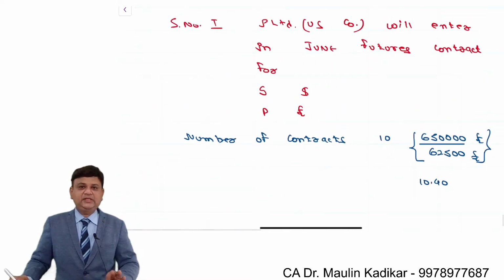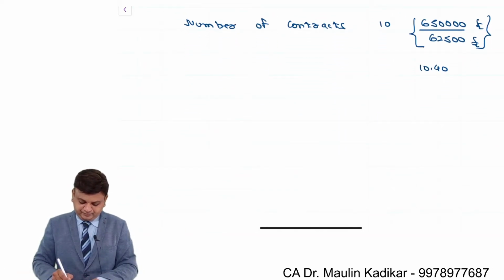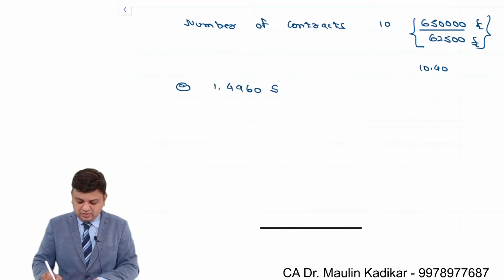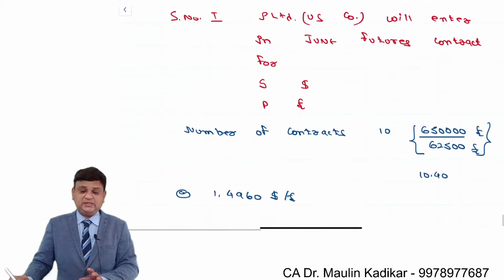So this company, that is a US company, will enter into the June futures contract for sell of dollar and purchase of pound. Number of contracts are 10 instead of 10.4 at the rate of 1.4960 dollar per pound. This is the first step.